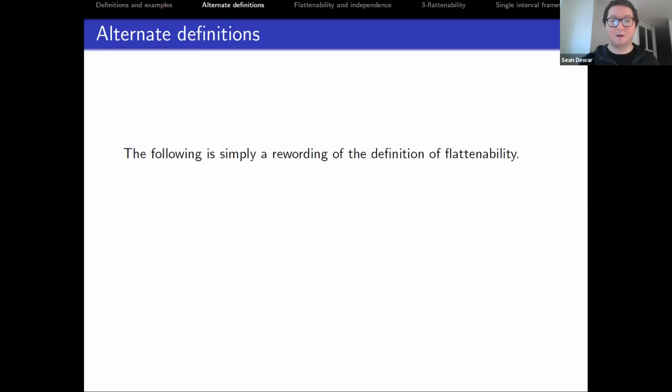Okay, I've given some definitions of flattenability, but it'd be quite nice to have some alternative definitions. There's been a few things banded around in the chat, like if I take a set of edge lengths that are realizable, and so on. So it's nice to think about these things in multiple different ways. So we're going to prove that there are alternate definitions, and that they're equivalent.